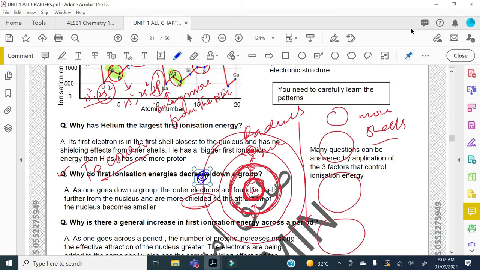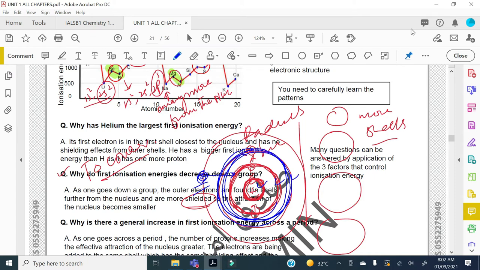Shell number 1, shell number 2 and shell number 3 are totally covering the nucleus together so that it is not seen by this one. So the force of attraction is reduced. What I mean to say is, shielding effect is the covering of the nucleus by the shells from the outermost electrons actually.